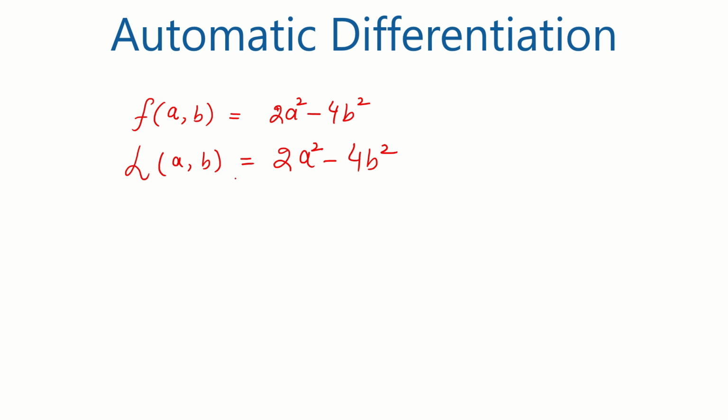In all the cases in neural networks and in machine learning, we need to optimize this loss. So what we really do is we take the loss function and we compute its derivative with respect to each parameter individually.